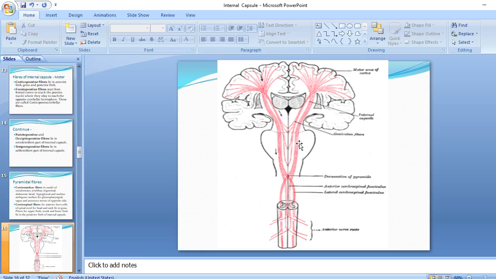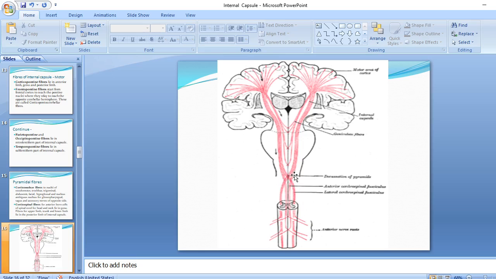Lower down, if you trace these fibers, they form a bulge here in the upper part of the medulla oblongata, and this bulge is known as the pyramid.